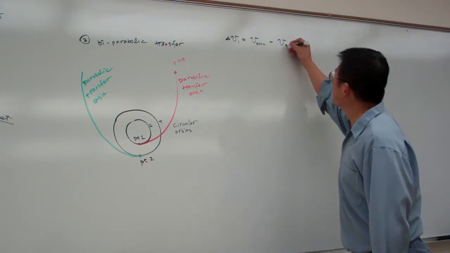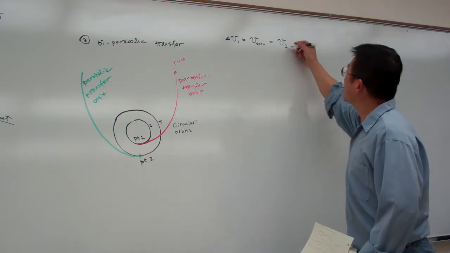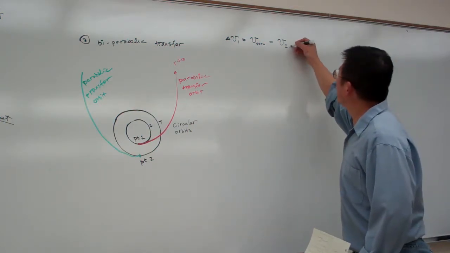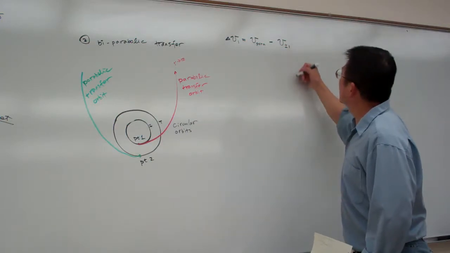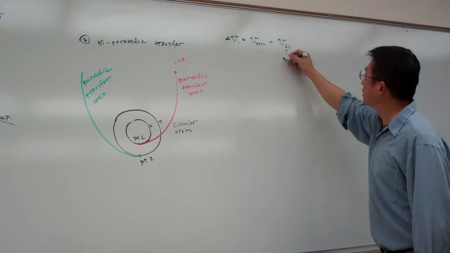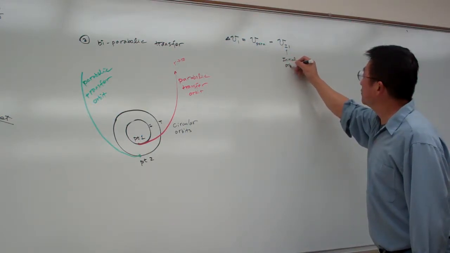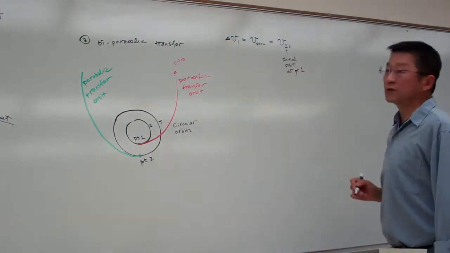Okay, so initial orbit, VI, at point 1. Hopefully here, I is the initial orbit at point 1. Okay, so that's what I mean.